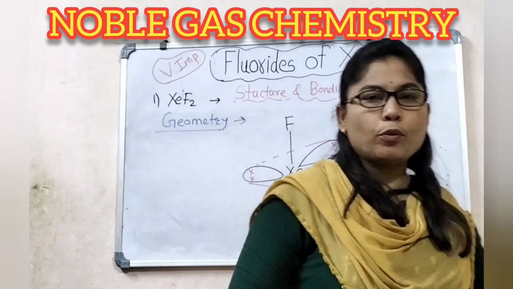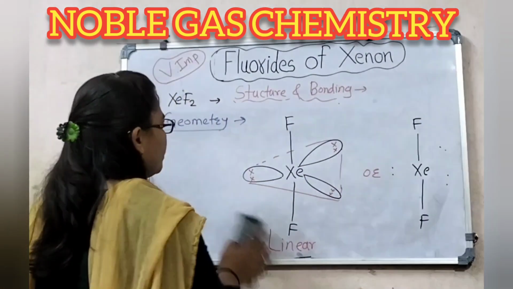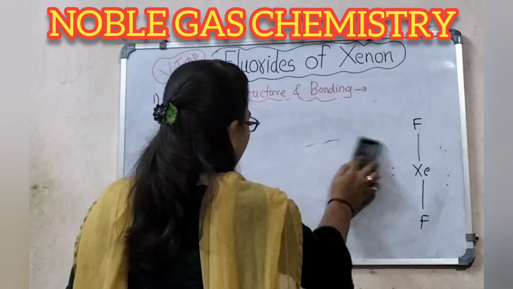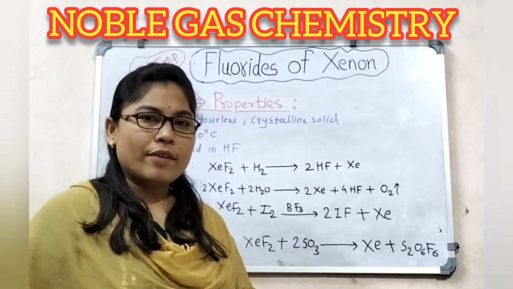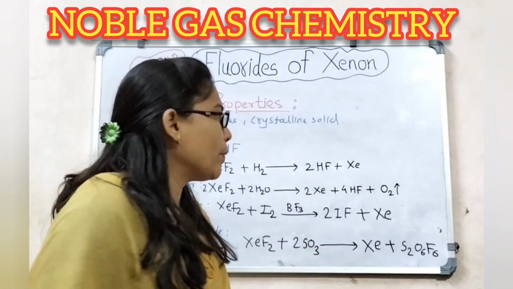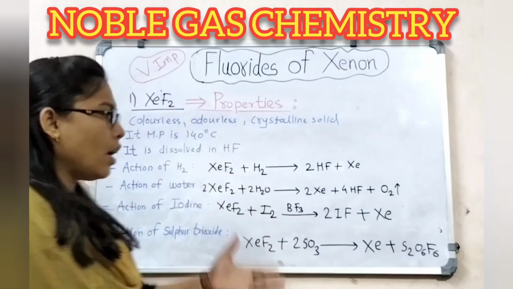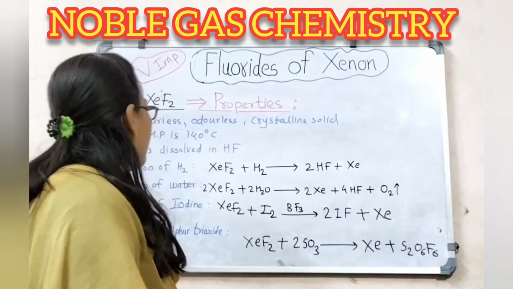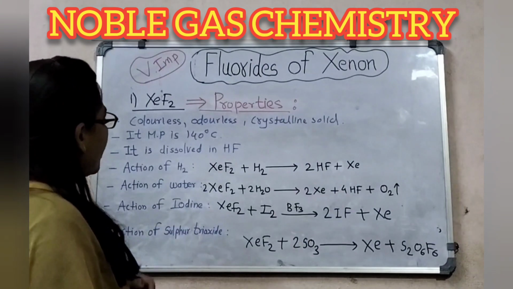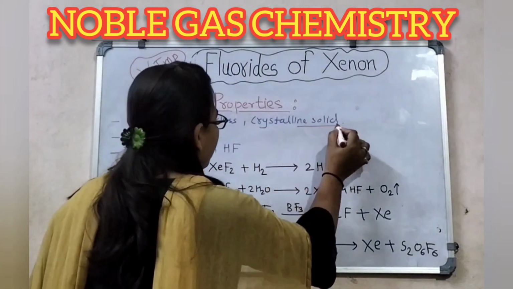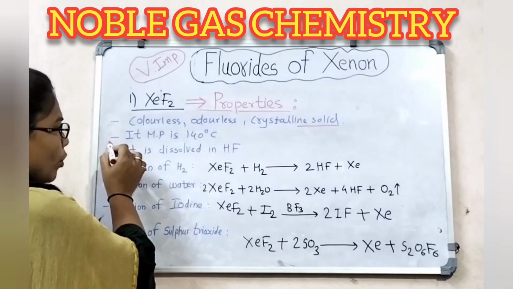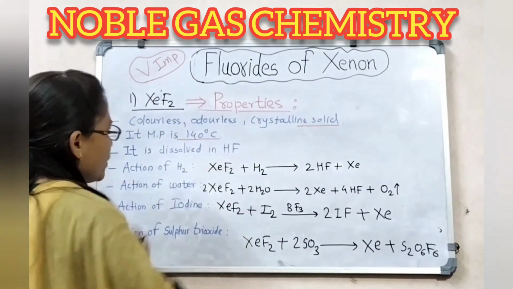Then we see the properties of xenon difluoride. Generally, xenon difluoride has different properties, some of which are listed here. First property is it is a colorless, odorless, crystalline solid. Its melting point is 140 degrees Celsius.